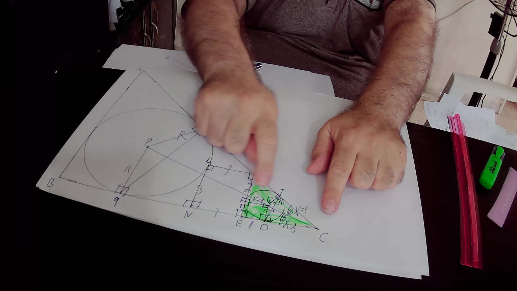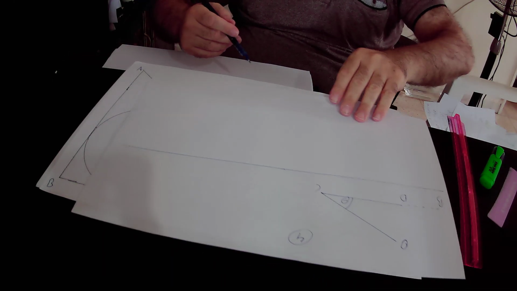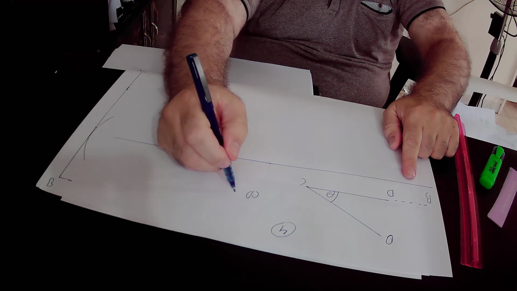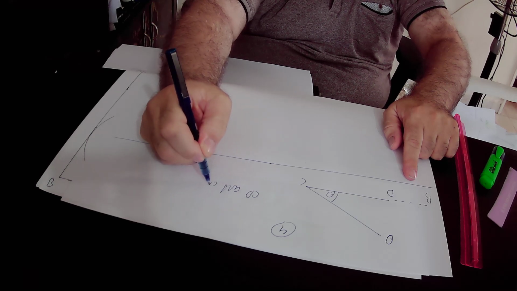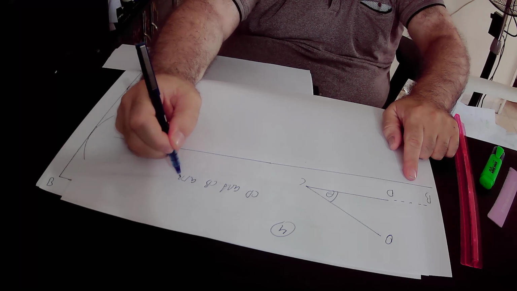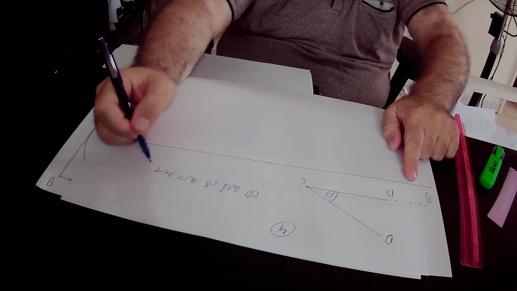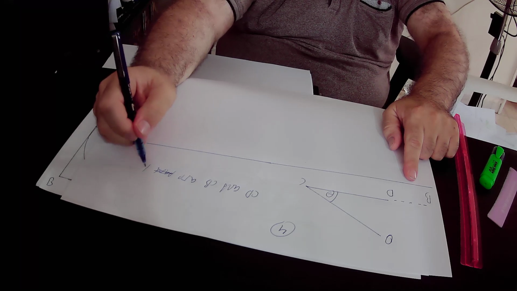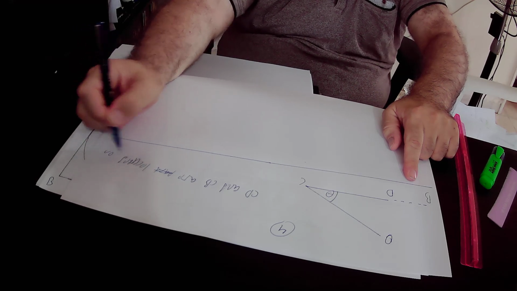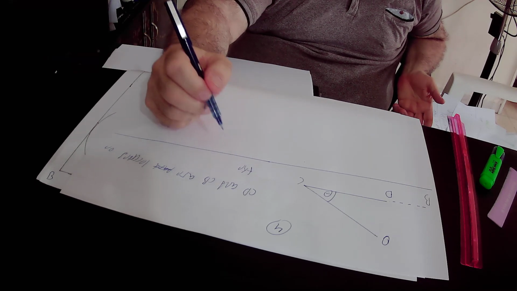So I write it down: CD and CB are located on the same straight line.